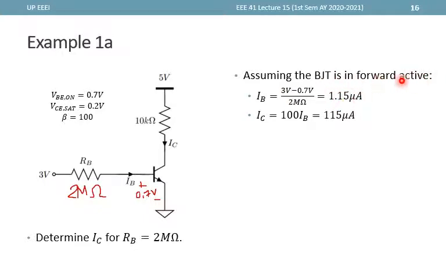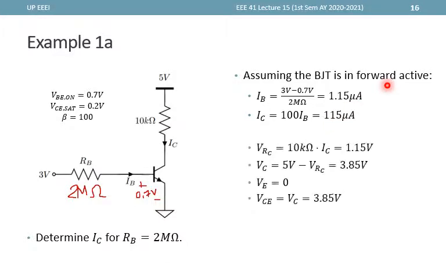And since we are assuming that it is in the forward active, we'll proceed with using IC is equal to beta IB with beta is equal to 100 and get this 115 microamps. Now, in terms of the problem, we already have a candidate answer, and we'll still have to verify if the BJT is indeed in the forward active mode.